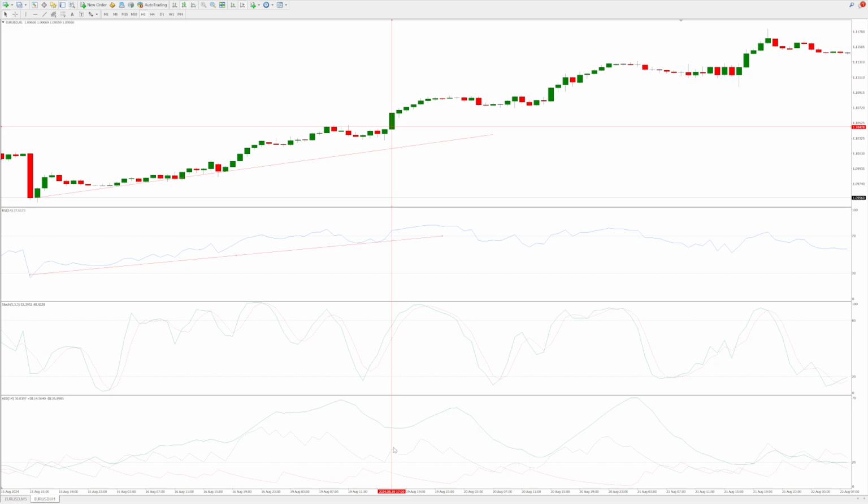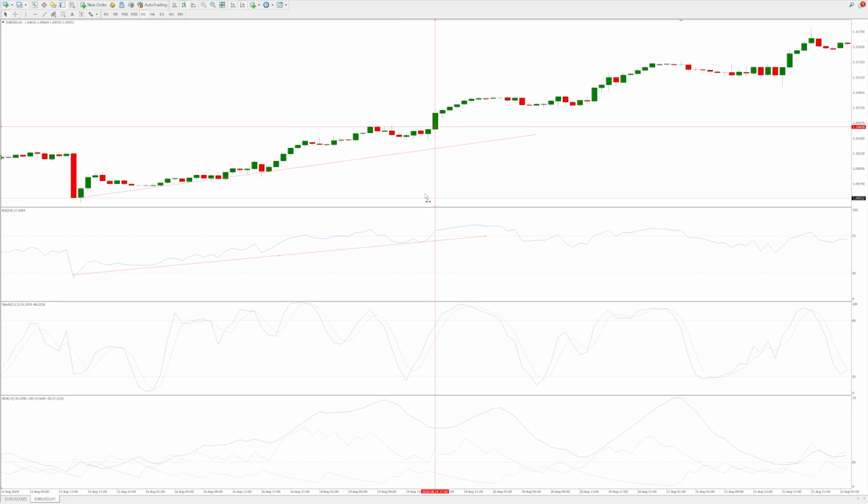Green's above red, so we're in an uptrend. The main line is way above 20. So there is plenty of momentum. Some would argue it's starting to slow down. However, we have our confirmation from other indicators for the entry. And yeah, it's just that extra validation if you need it.